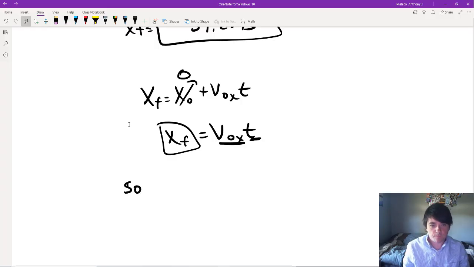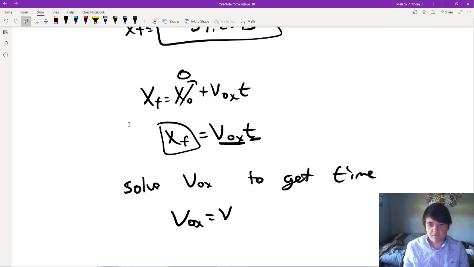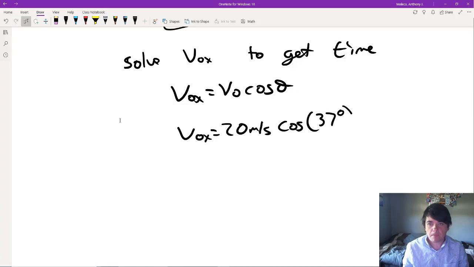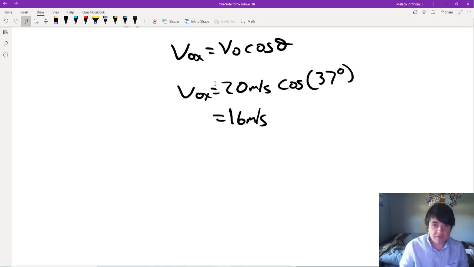V naught x is equal to v naught cosine theta. It's actually not that bad. So we plug in. Again, make sure your calculator is set to degrees. Otherwise, you're not going to get the solution we're looking for. And this is 16 meters per second here. And so we're just going to solve for time now.